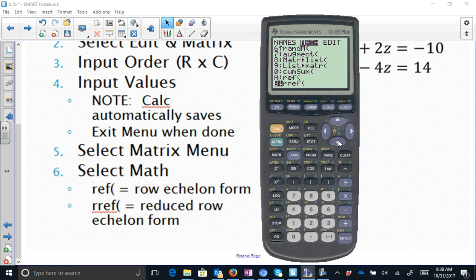So let me show you. If you hit row echelon form, and then if you go back to your menu and under names, call up A, because that is the matrix that you enter numbers into. It'll give you row echelon form.